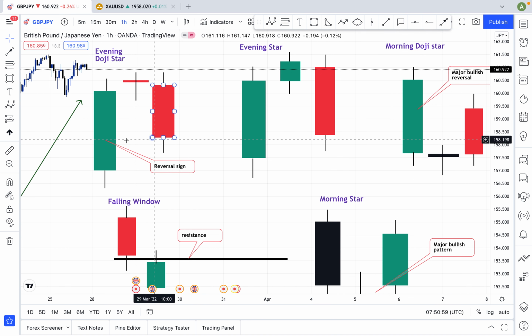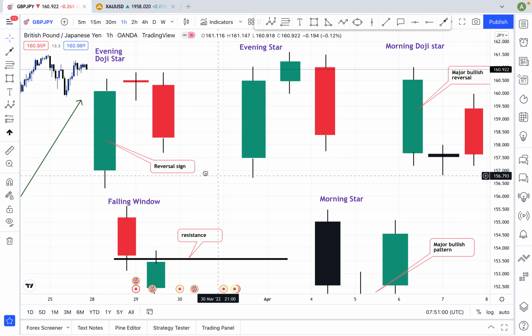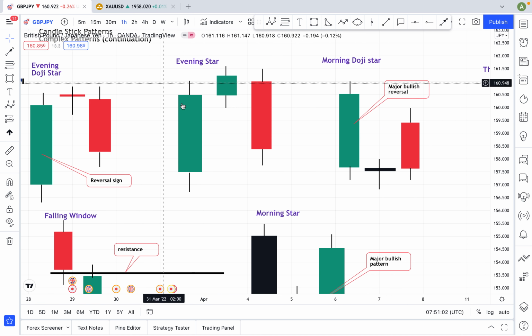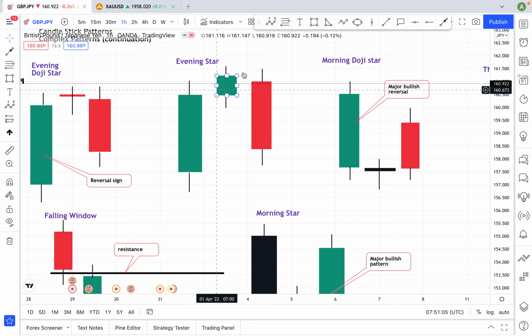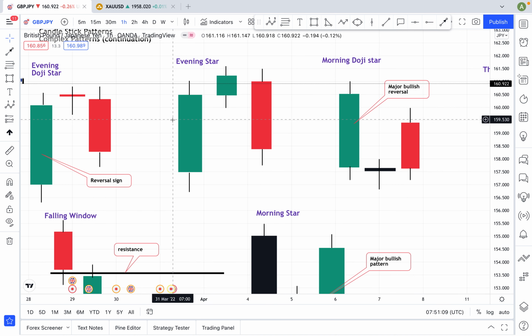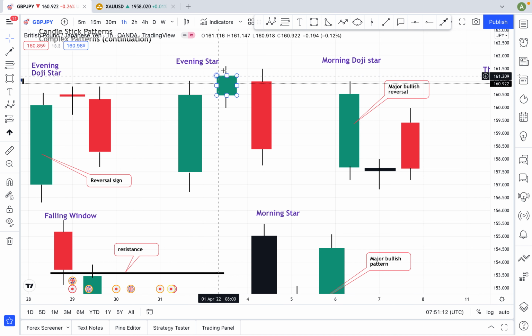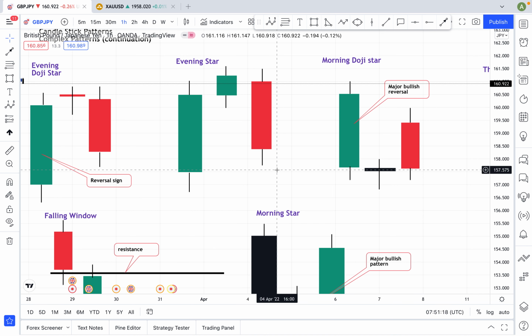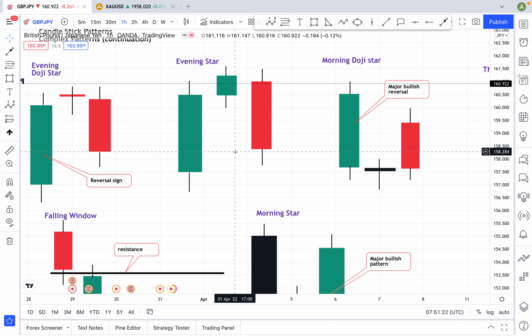Whenever you see it in your chart, it's signifying a very strong reversal sign. We have this as well, the evening star, signifying a reversal sign. You can see the buying momentum reducing. There's not much buying momentum here again. It's like buyers are no more active in the market, and the market is switching to a downtrend, going to a sell trend. So that is what is happening here.